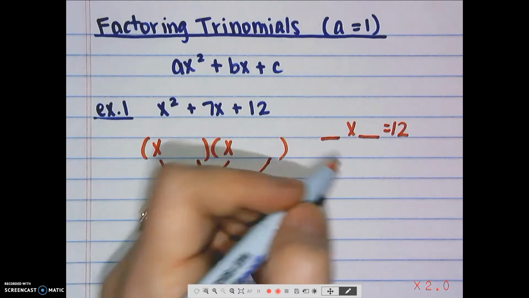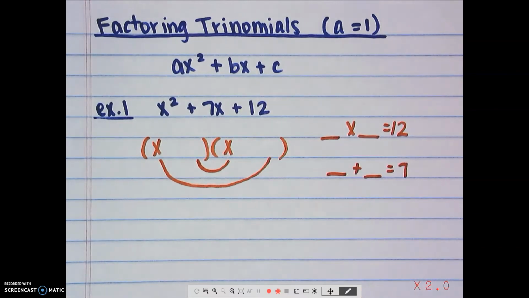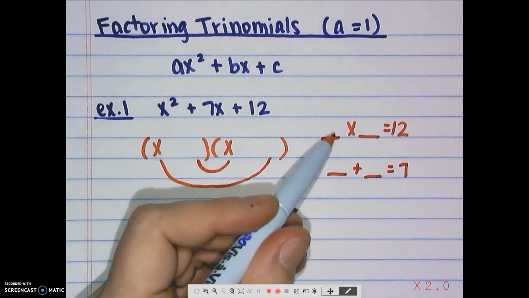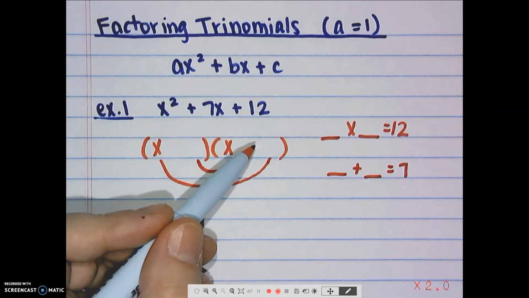Those two things need to add together to give us a positive 7. We need to satisfy both of these requirements, and it's got to be the same numbers for both.